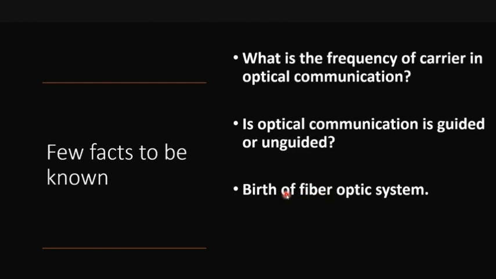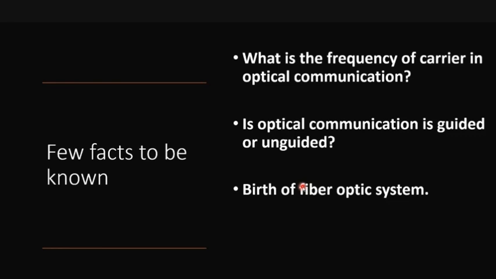Then what happened? A scientist called Tyndall discovered that the optical fiber can guide the light through it. Okay, so Tyndall discovered that through the optical fibers, light could be transmitted by the phenomenon of total internal reflection. Is it okay?